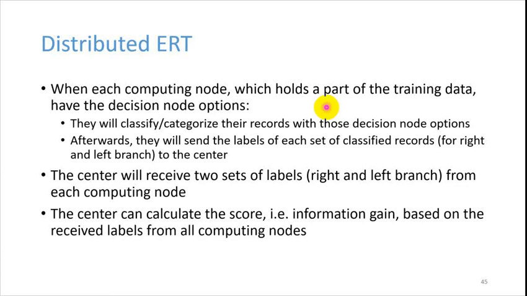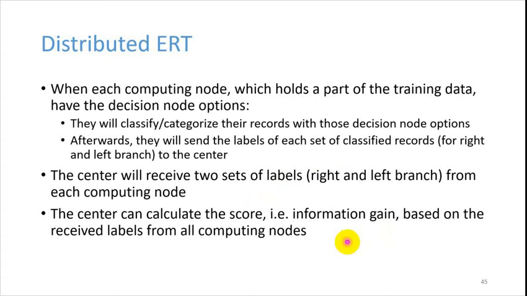After classification, it will have two sets of records, and it replaces those sets with the labels of those records, and then sends two sets of labels, one for the right branch and one for the left branch, for every decision node to the server.